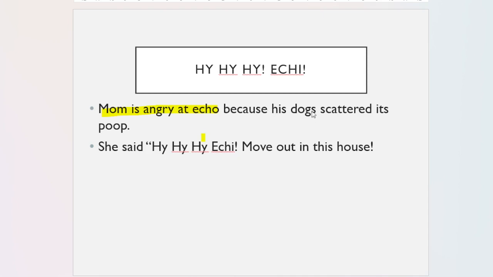Mom is angry at Echo because his dog scattered its poop. She said, "Hey, hey, hey, Eki, move out in this house." So, pinalayas na siya. Kasi yung dog, in-scatter niya yung poop.